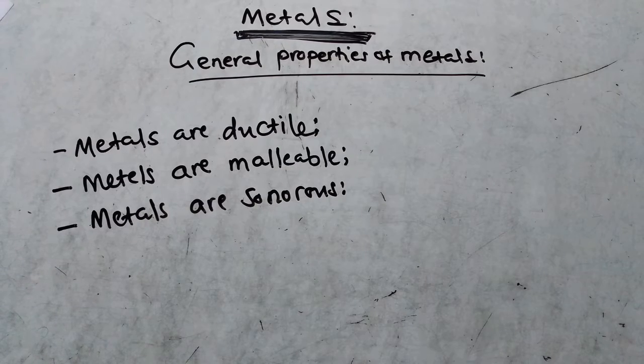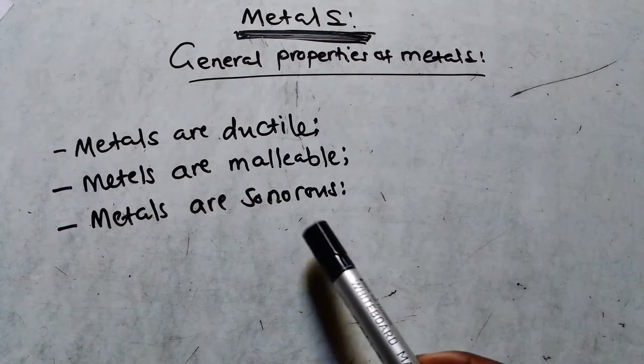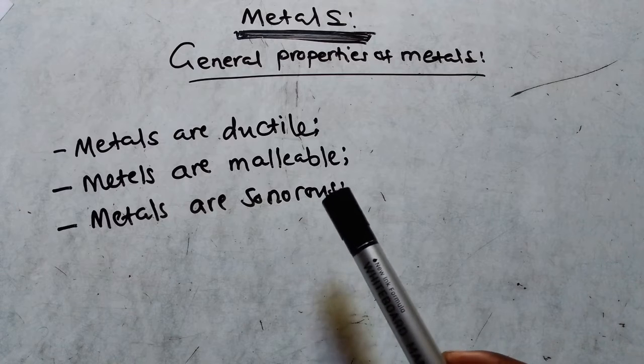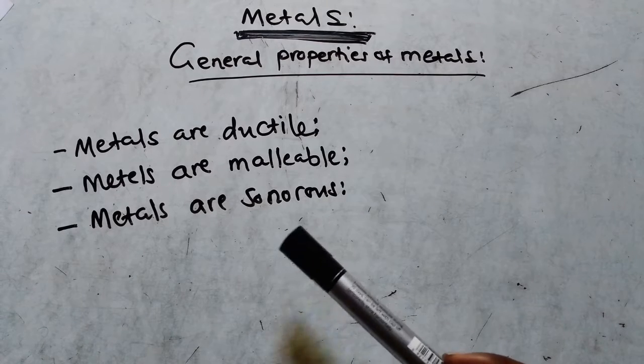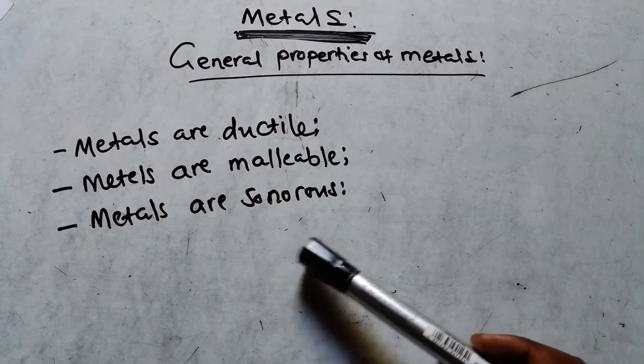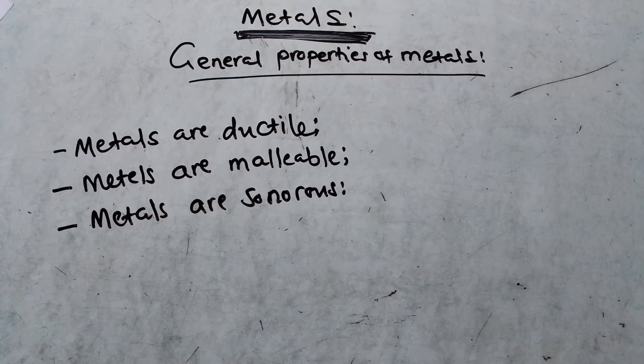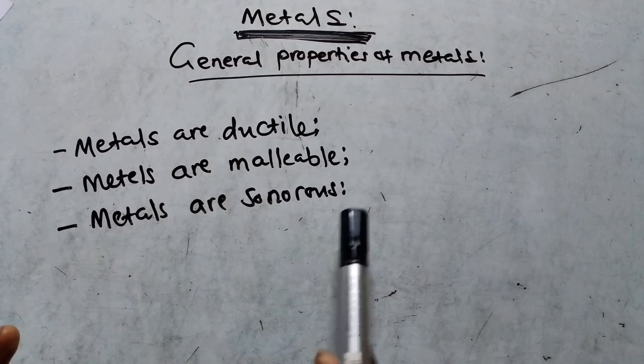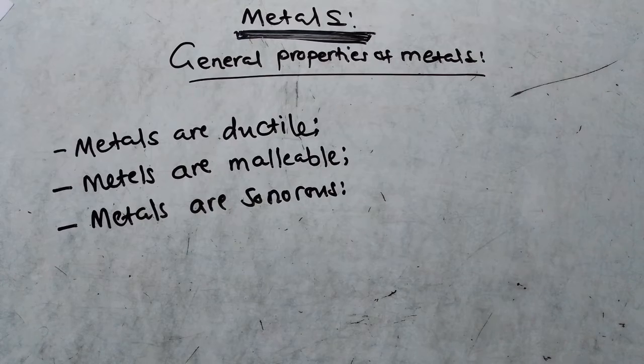Let's say, for example, we bring a metal here, then we strike the metal. The metal is going to produce the what? The sound. By so doing, you say metals are sonorous. That's one of the properties of metals.